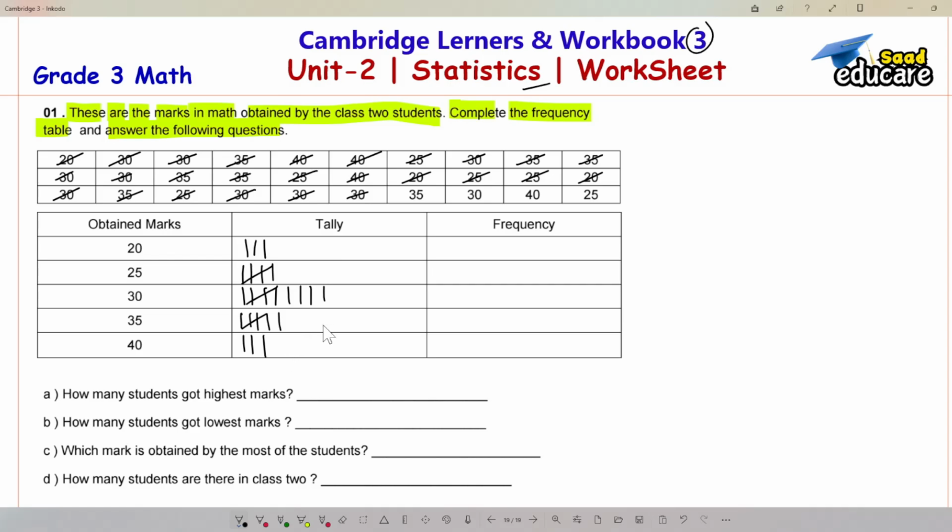Okay, 35, so here is 35, again we get 30, so 4 already done, it means 5. 40, here is 40, and finally 25, here is 25.